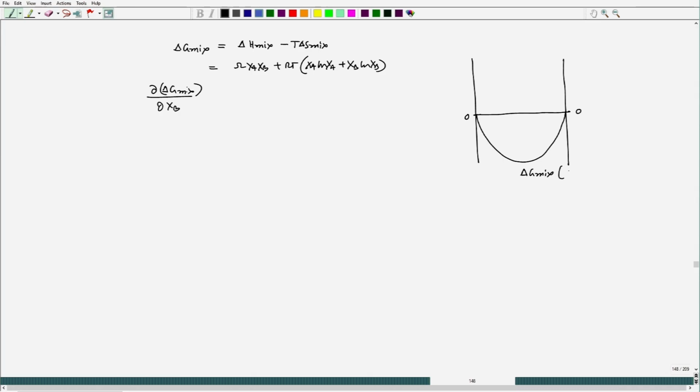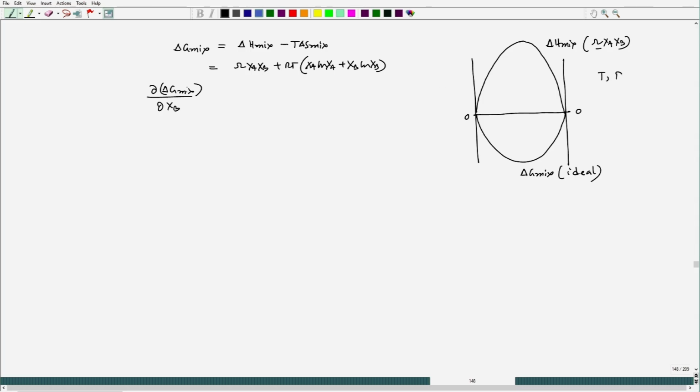Let us say this is in the case of ideal, and this is delta Hmix. So, this is XA XB at a particular value of omega I am talking about.